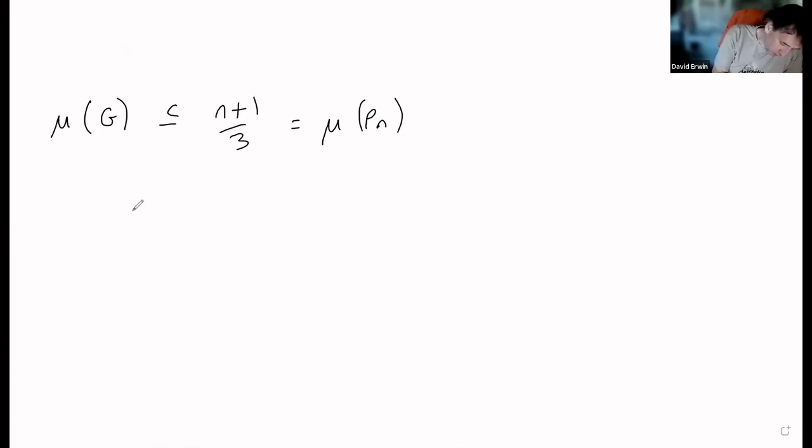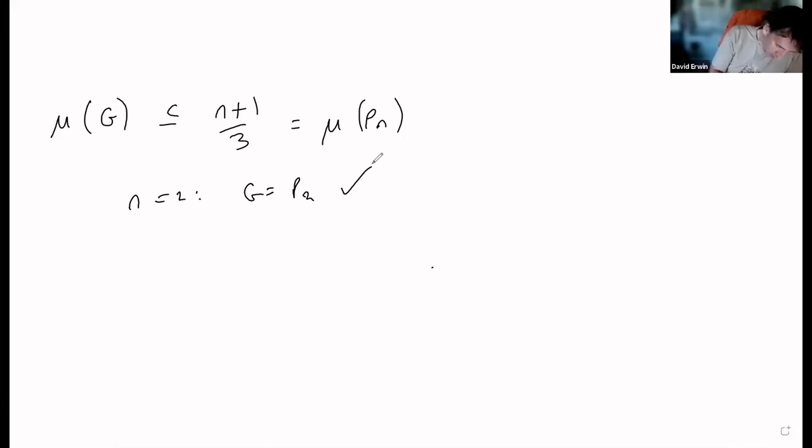So take n equals 2 as our base case. Then G is a connected graph of order 2, so therefore it's P2, and then we're okay, right? So then we move on from there, and we assume that we've got a graph of order n.